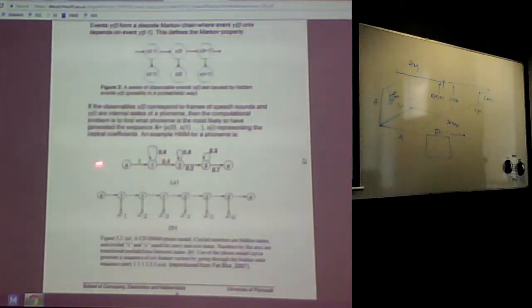Here is a hidden Markov model for a phoneme, so just a small piece of sound. And you have to start and end here. You have three different sounds, and you have a probability 1 to start at sound number 1. Because at each time step you have a chance 0.6 to continue that, and 0.4 to move on to the next one, and so on.